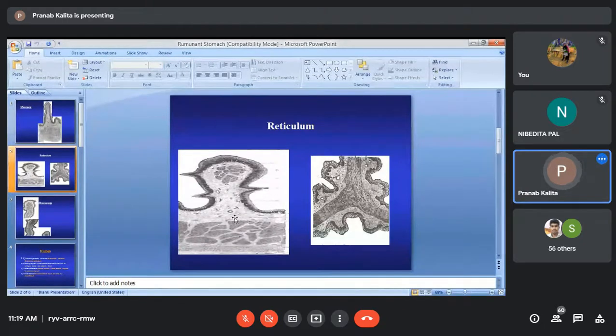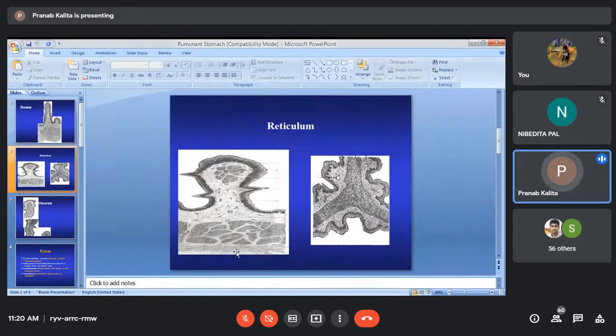Then you will find the tunica muscularis, and lastly the tunica serosa, under the peritoneal covering, the mesothelial lining. So how can you identify the rumen and reticulum histologically? Almost the same. In the rumen the lamina muscularis is missing, and in the reticulum also it is missing.